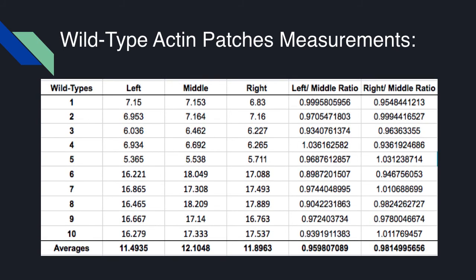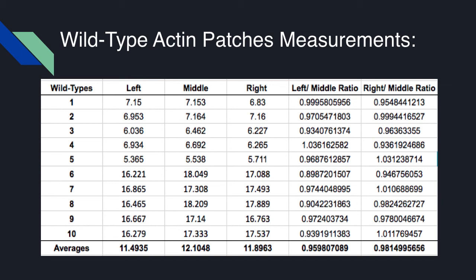From the data presented, we observed that plant 6, bottom half, is at a very advanced stage of maturation. Therefore, it has larger lengths for the actin patches and the guard mother cell. Overall, the actin patch length measurements range from 5.3 micrometers to 18 micrometers, with an average left length measurement of 11.5 micrometers, an average middle length measurement of 12.1 micrometers, and an average right measurement of 0.96 micrometers.